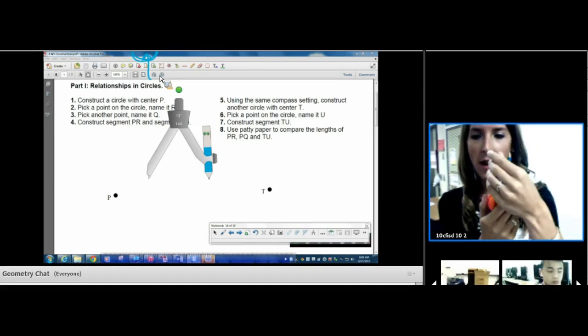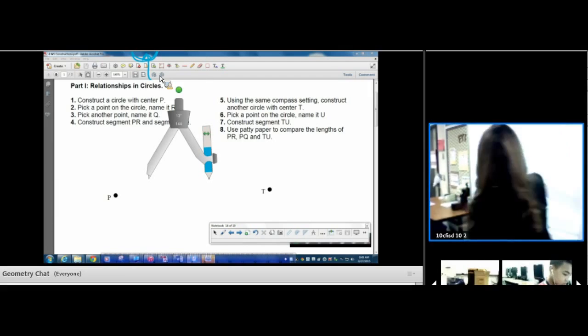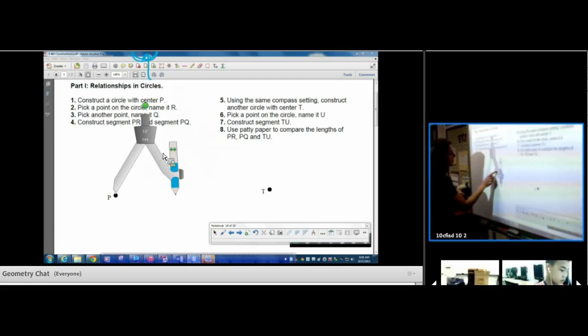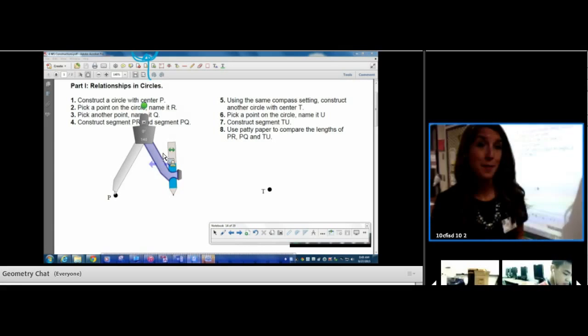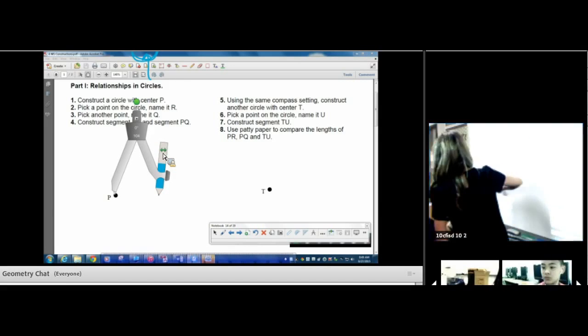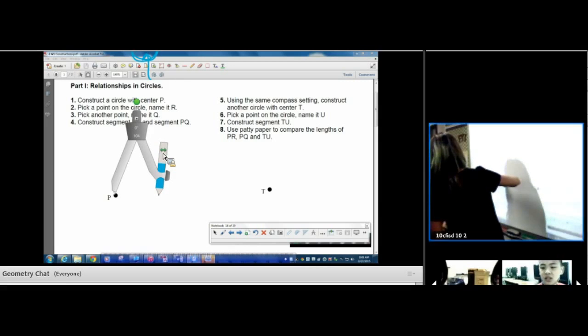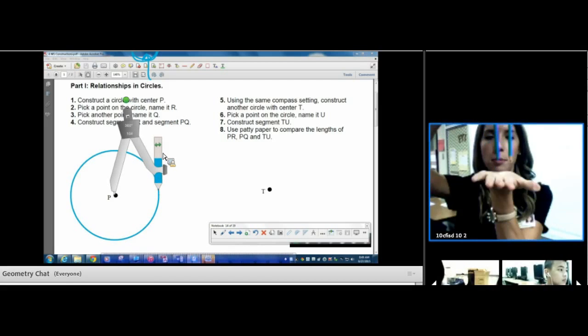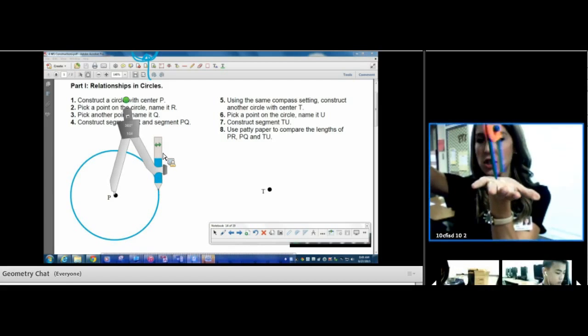The needle part, right? We would need to put the needle part on point P. And I did not tell you how large to make the circle, so we all might have made different circles, but you would just move your compass around. And I know it's so much easier to do on the computer, right? So you put pressure on the needle and you twist it with your finger.